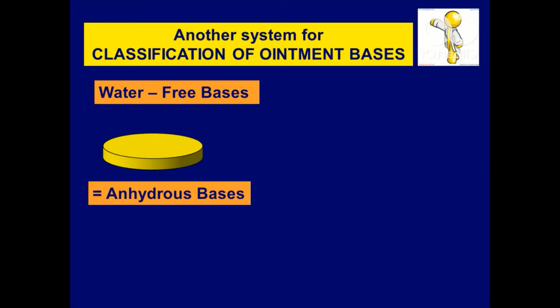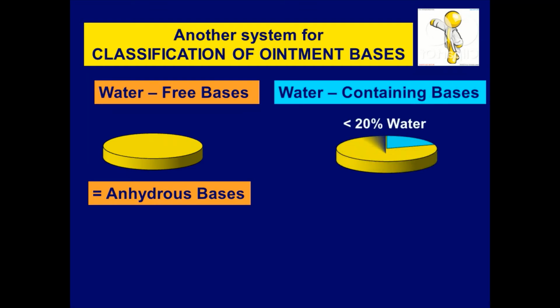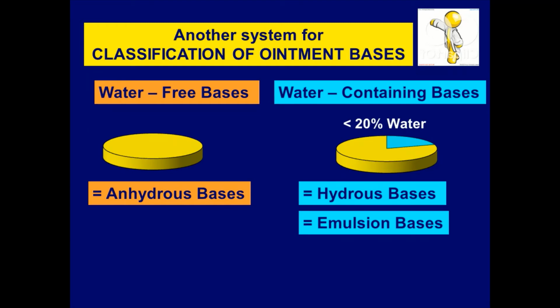This is also called anhydrous bases. And water-containing bases that contain some water. And as we said before, we are talking about ointments, so water content should not exceed 20%. Water-containing bases are called hydrous bases or emulsion bases because the water found in the base forms an emulsion, either water in oil emulsion or oil in water emulsion.